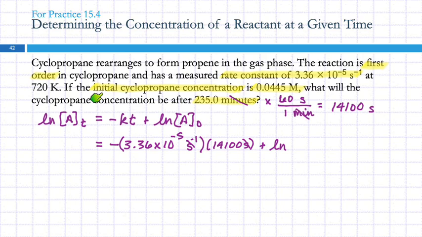So time 0 is the initial condition, and this is the concentration, 0.0445 molar. Well, so this is convenient. Again, all the numbers ended up on one side, so we can just calculate what that is.